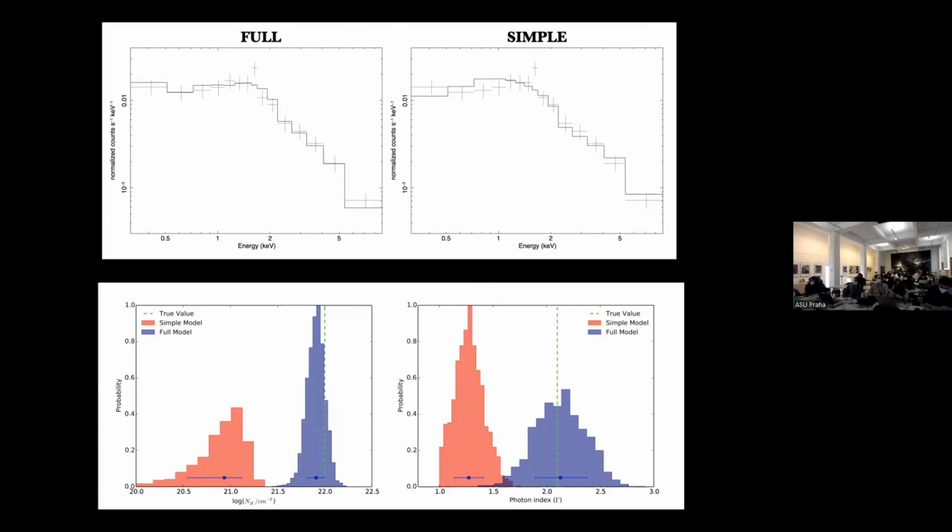Couldn't you envisage some data quality finding equally probable a strong reflection fraction, but correspondingly a flatter intrinsic photon index than it should be? Could that be a possibility?